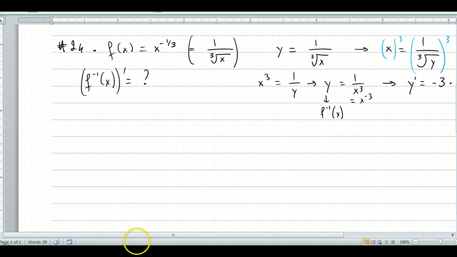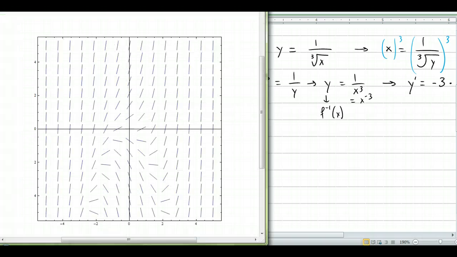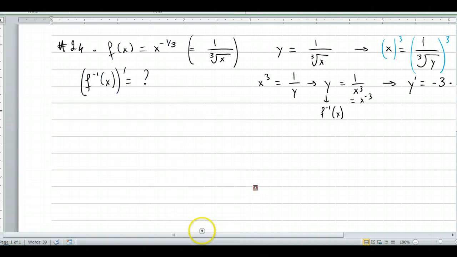I did 25, 26. So actually 26, I did prepare this one. So let me copy the snip and paste the snip right here. Let me see, can I just paste it there?